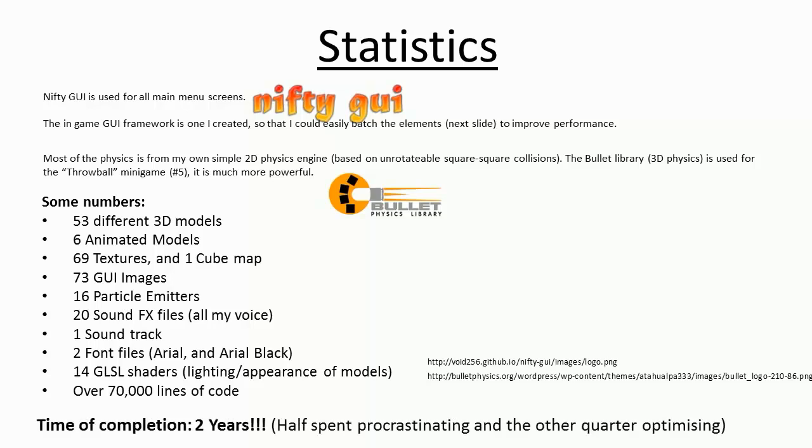And it took 2 years because I wasn't as dedicated as I should have been, and I also spent quite a bit of time trying to optimize it so that it could run on an Android phone, because trying to run two games at once, not very effective.